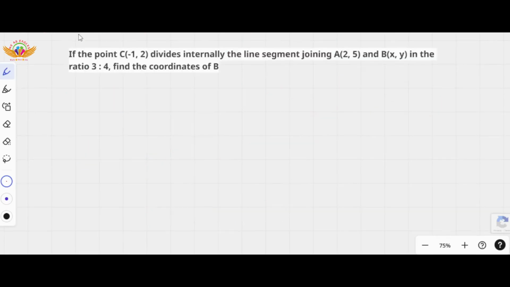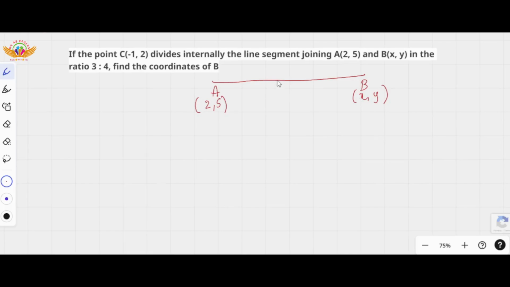Next question: if the point C minus 1 comma 2 divides internally the line segment joining A, they have given a point. Let me draw a line segment now. If this is my line segment A and B, A they have given us 2 comma 5 and B we don't know.